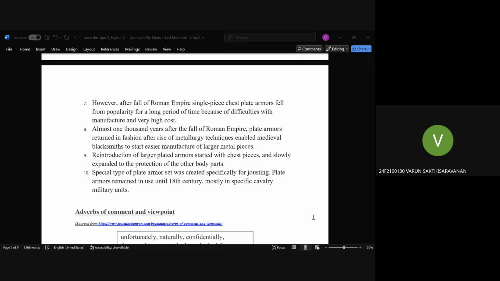Would after fall of Roman Empire be an adverbial clause? No, so we are not looking for adverbial clause or phrase here. We're only looking for adverbs. So after will not be marked, because after is what? It's a preposition here. It's not an adverb.